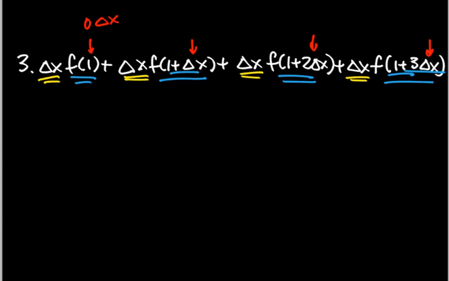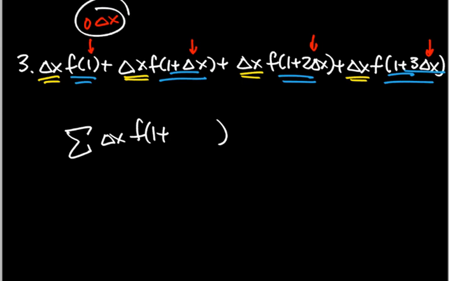So our summation is going to be, we know that there's delta x and an f of something. What else is in common in all of them? 1. So we know we're going to have 1 plus something. If we look at it like this, we got 0 delta x, 1 delta x, 2 delta x, 3 delta x.